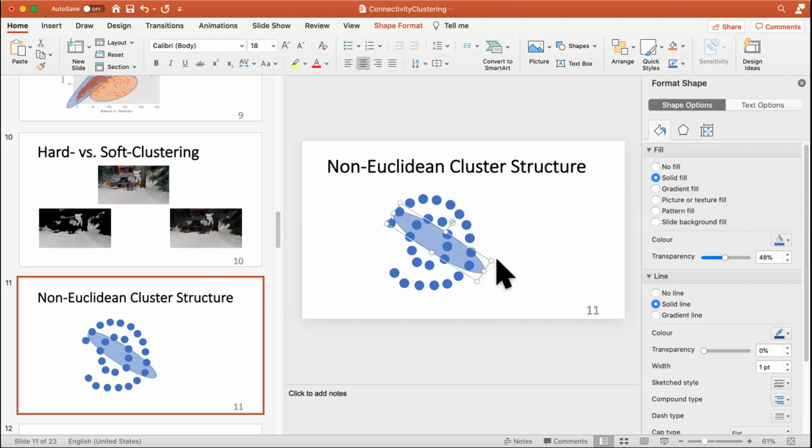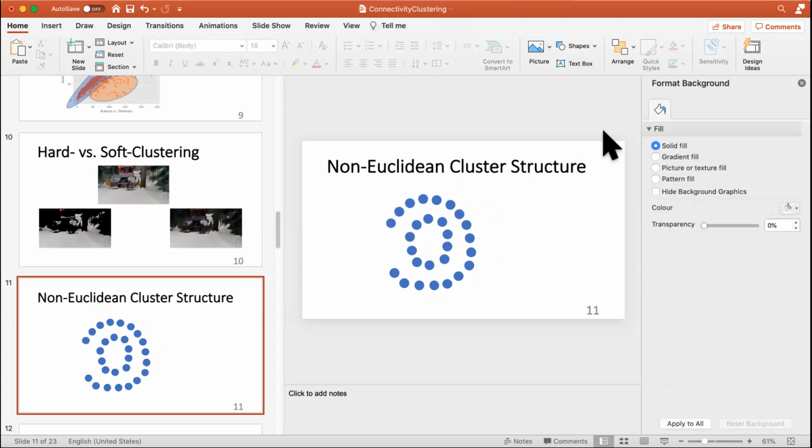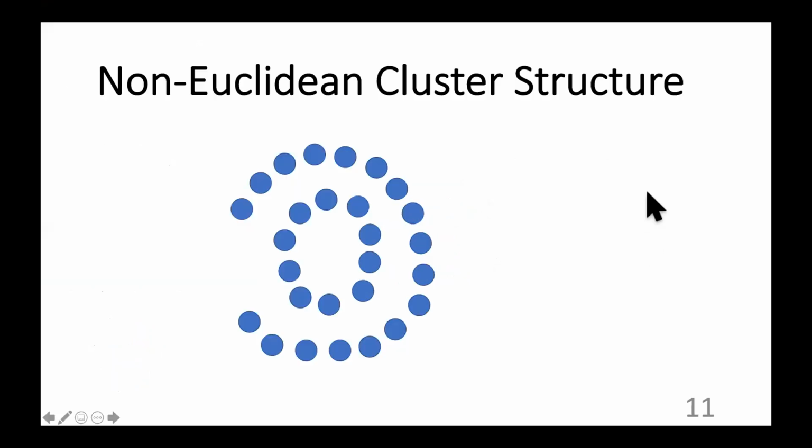But then let me ask the student who posted on the chat that there are two clusters, one inner and one outer circle. How did you identify these clusters? How did you come up with this choice or guess for the clusters? Yeah, again, there's a comment, there are two rings and each ring is a cluster.